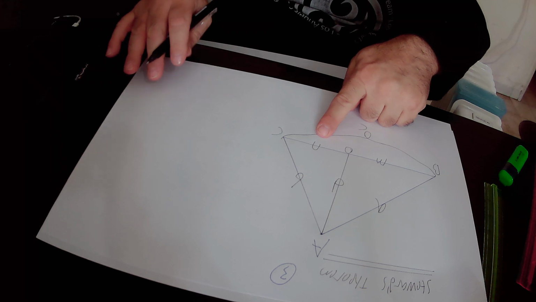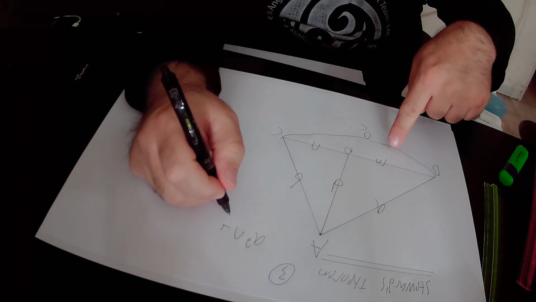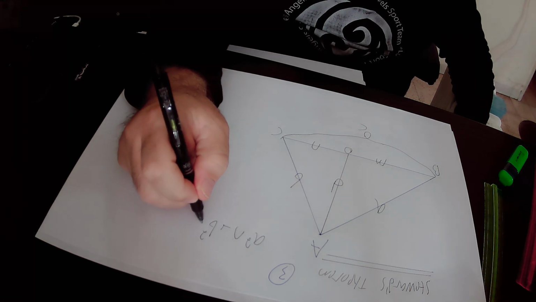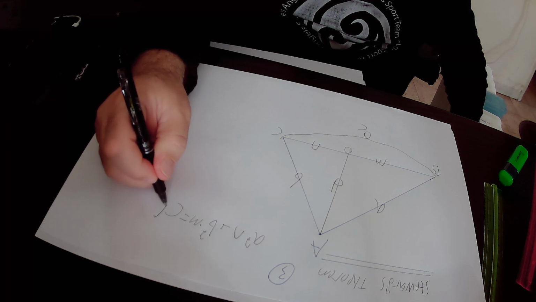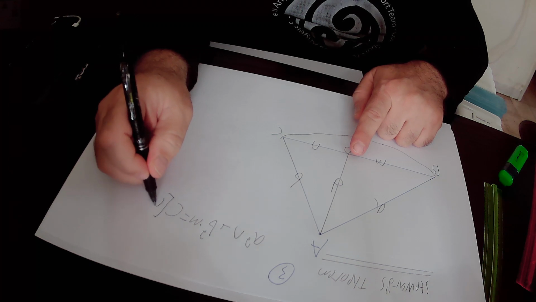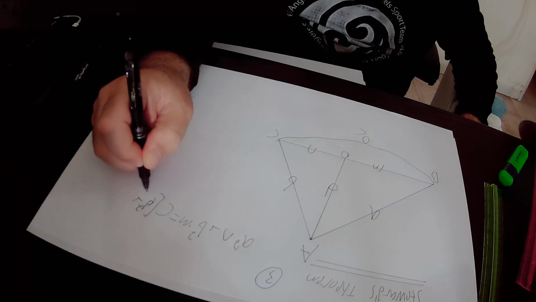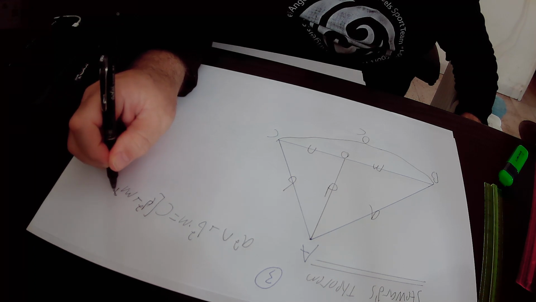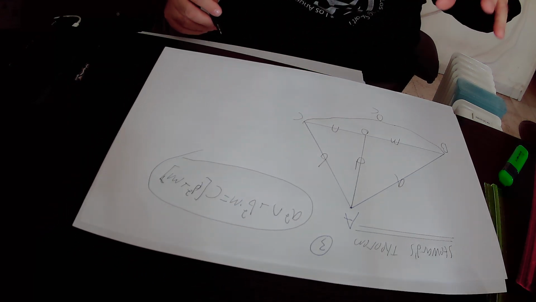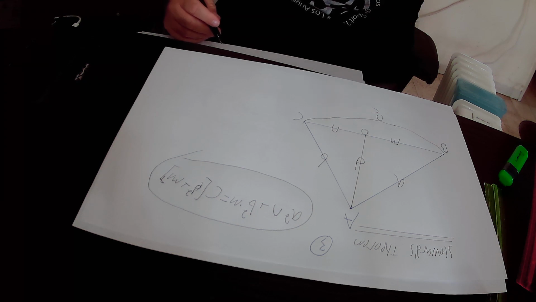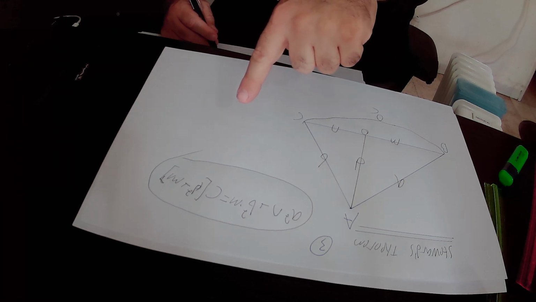A squared times N, plus B squared times M, equals C, the length of side BC, times, in the brackets, D squared, where D is the length of AO, plus M times N. I repeat again, in this triangle ABC, according to Stewart's theorem, A squared times N plus B squared times M equals C times the brackets D squared plus MN.